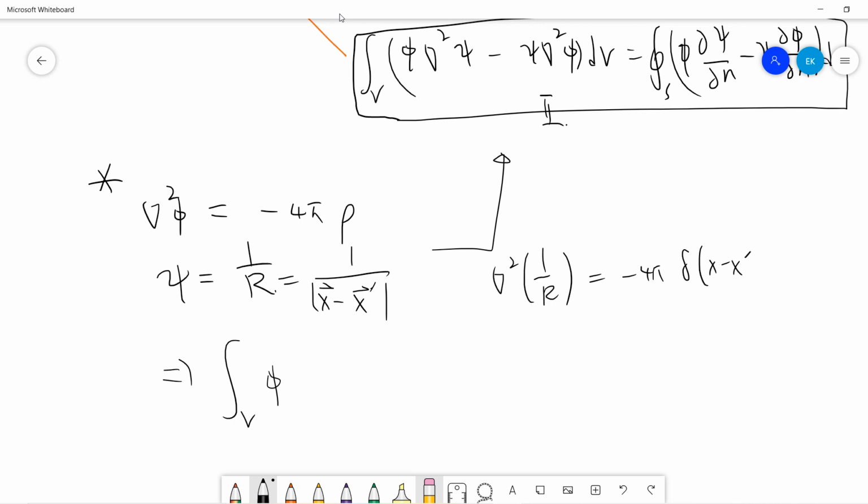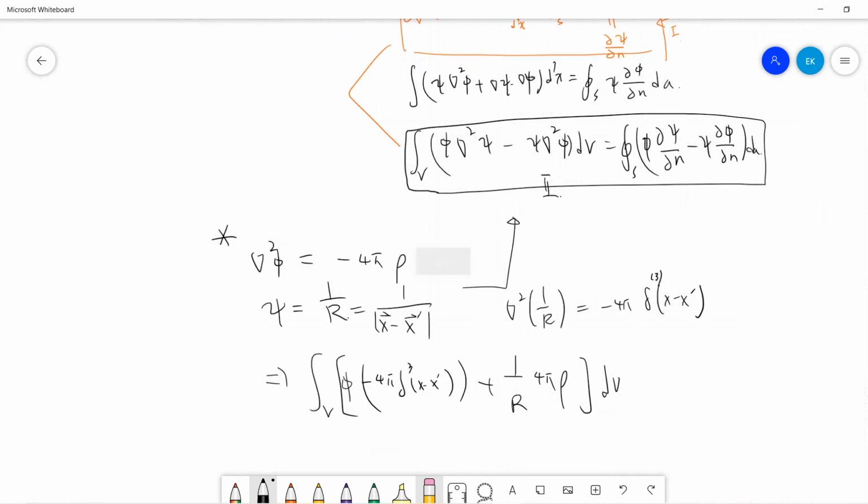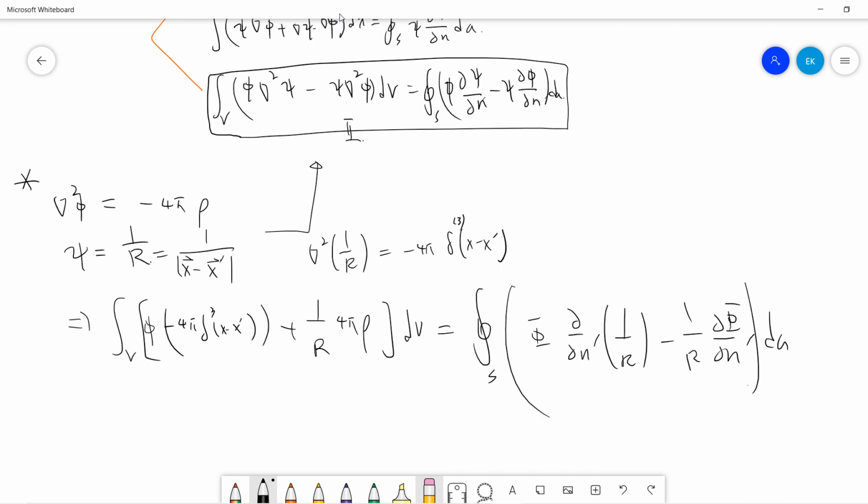So it's a three-dimensional Dirac delta, minus psi 4 pi rho dV. Then it becomes a surface integral over S, with partial n prime. I change n to n prime just to indicate that we are doing the integral on the surface. Then you can combine all of it.